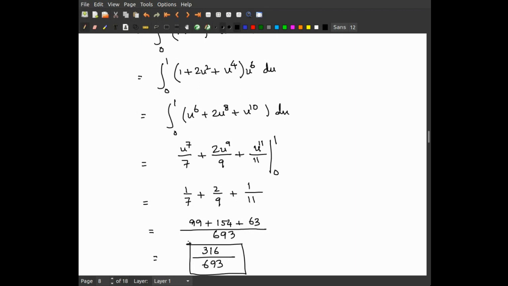Because you cannot divide this one anymore, even though the denominator is divisible by 3, but 316 is not divisible by 3. So we cannot make it any smaller. That's, again, do not use the decimal. That's the warning. Do not use the decimals.